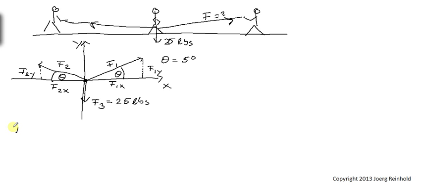So F1x divided by the hypotenuse F1, that equals, here this is the adjacent divided by the hypotenuse, that is the cosine of theta. From that it follows that the x component of F1 is the magnitude of F1 times the cosine of theta.